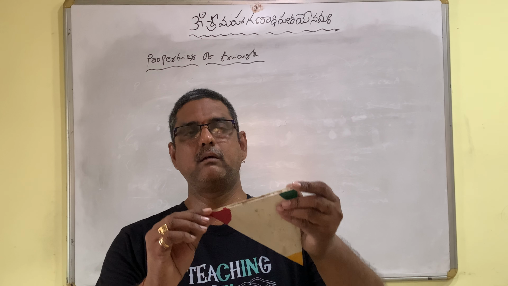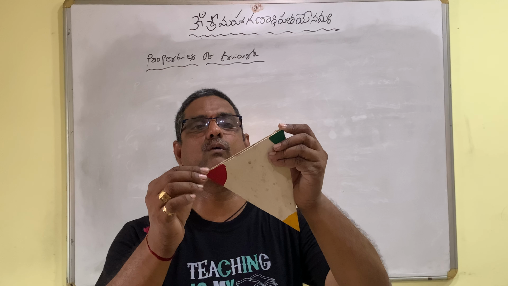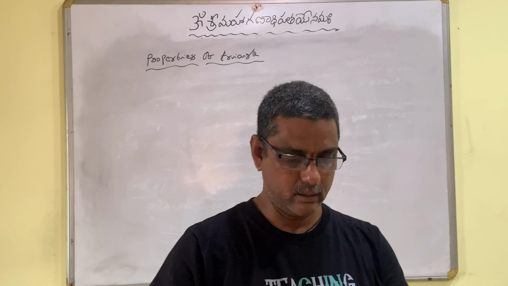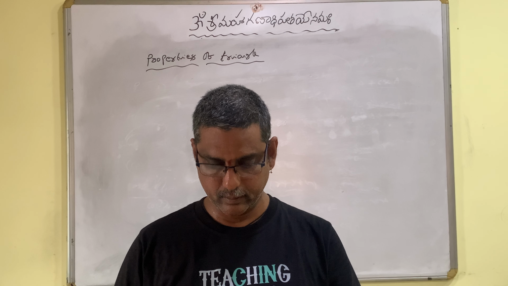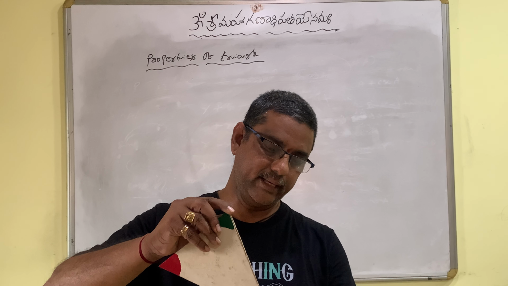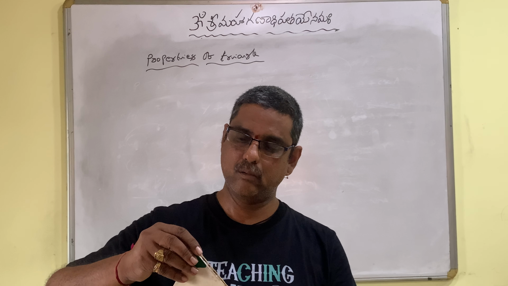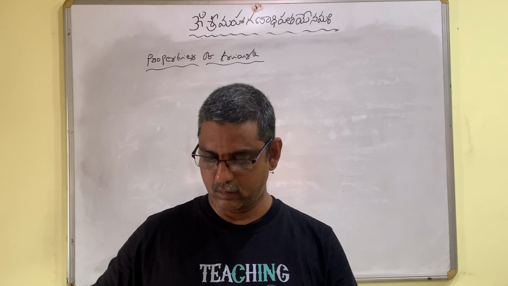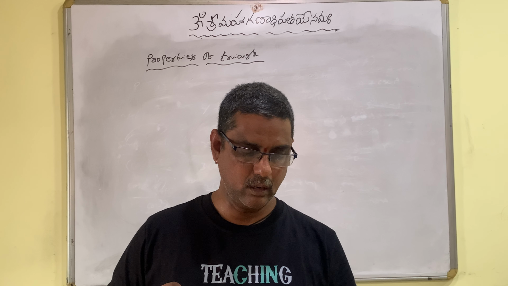This is one thread whose measurement is equal to one of the sides of the triangle, and a second thread whose length is equal to another side.